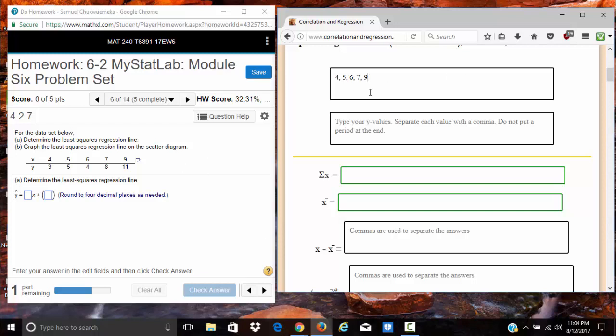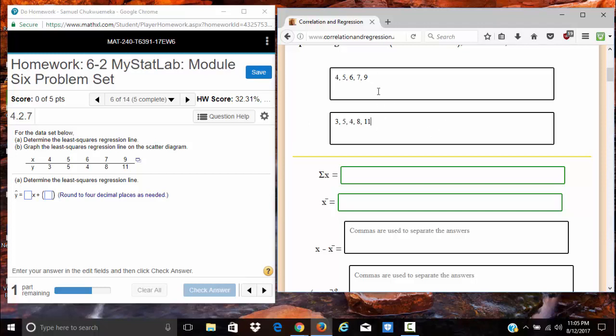X, we have 4, 5, 6, 7, 9. Y, 3, 5, 4, 8, 11. That is what the least squares regression line is useful for: predicting Y for some value of X, provided a relationship exists.